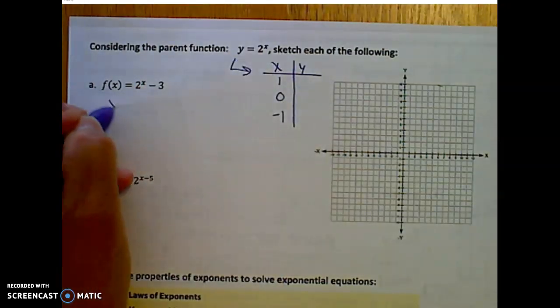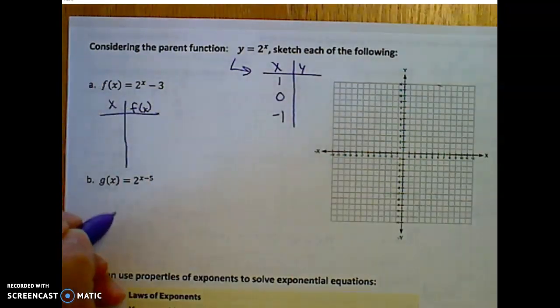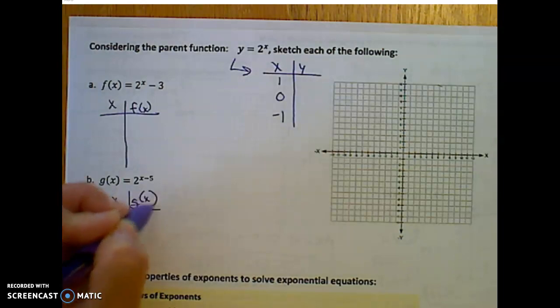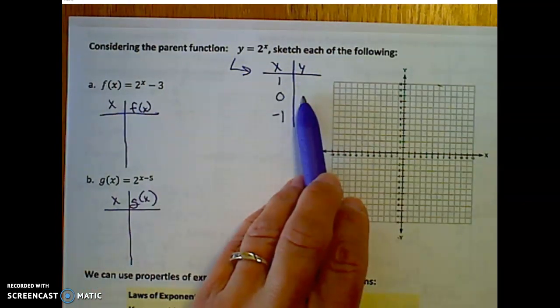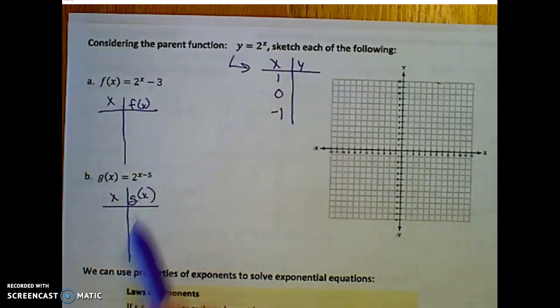And what does that do to those ordered pairs if I subtract 3? Or for g of x, x, g of x, what would subtracting 5 inside do to that graph or to those ordered pairs? What would those ordered pairs be first? I'm not going to graph it. I'm just going to use those to graph these.